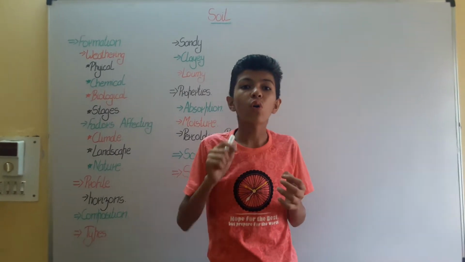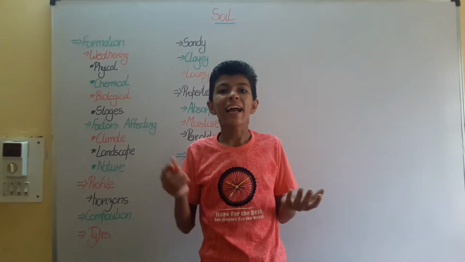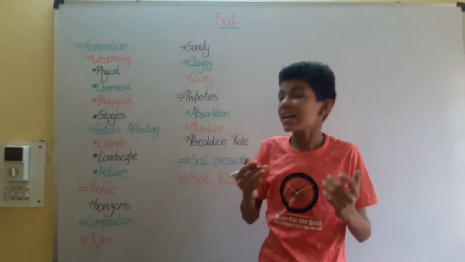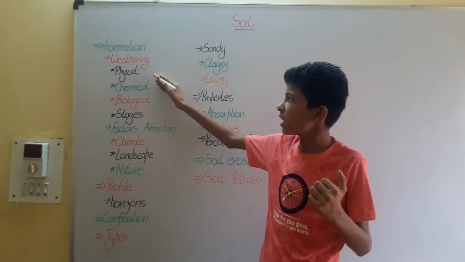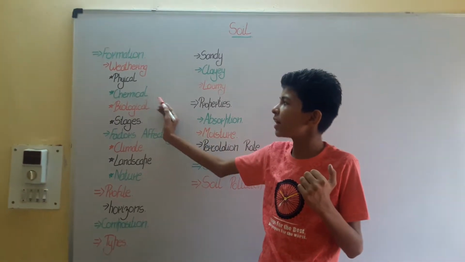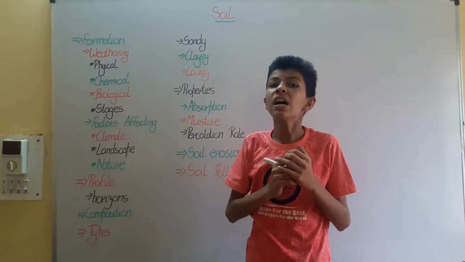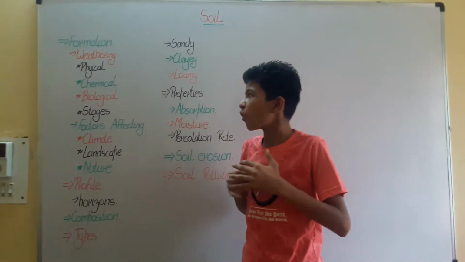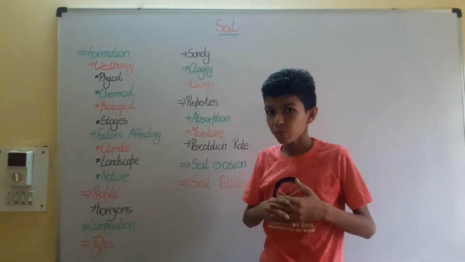They hollow the rocks, and with frost action they can break easily. So these three, physical, chemical and biological weathering, are the important parts of weathering which help in the formation of soil.